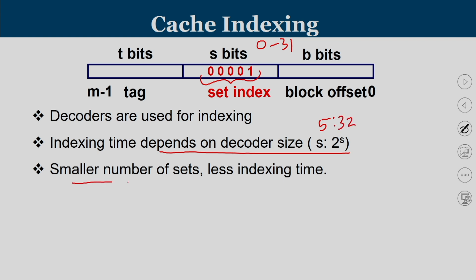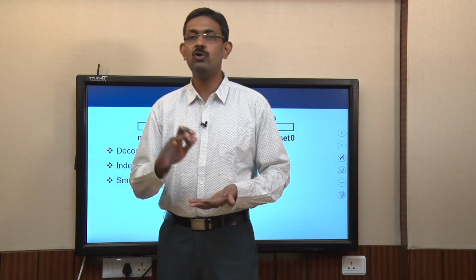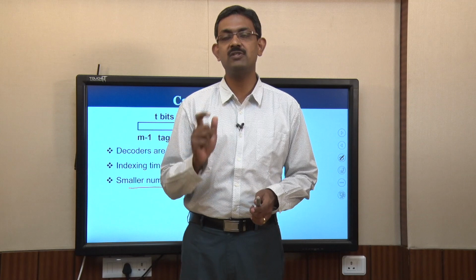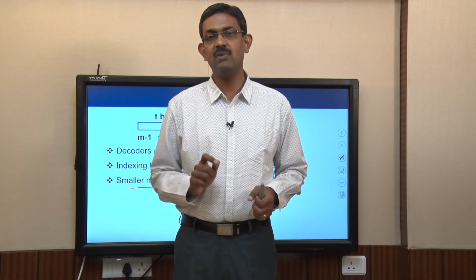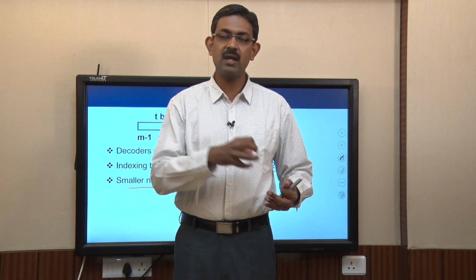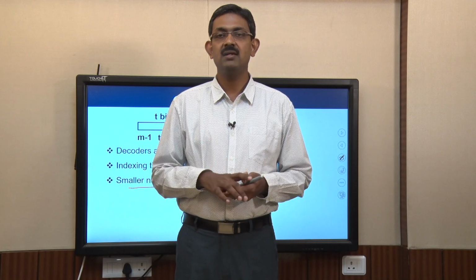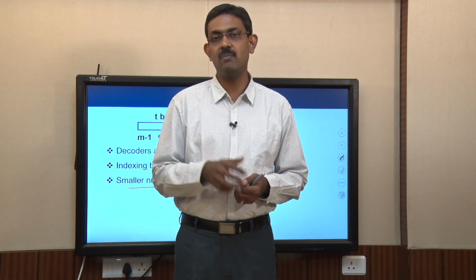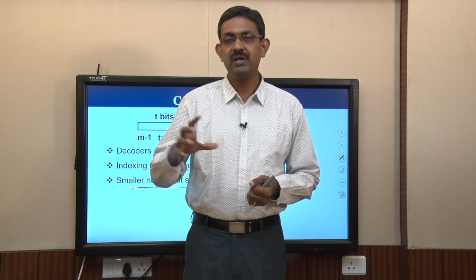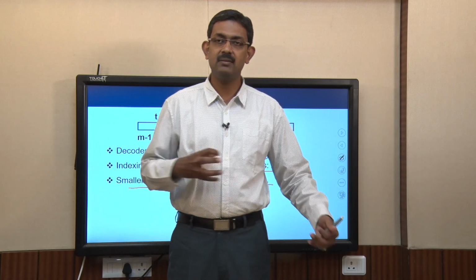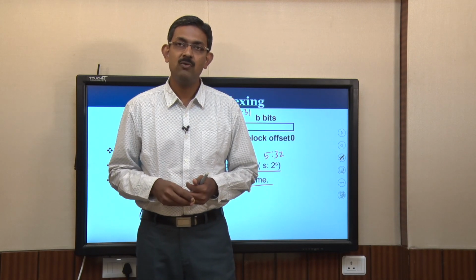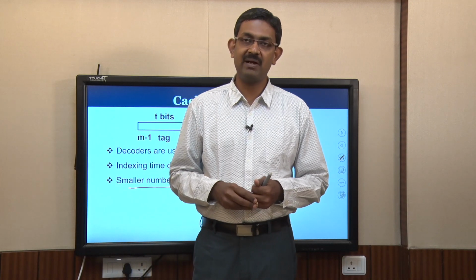With a smaller number of sets, the indexing time will be less and the size of the decoder will be small. When you go to larger cache memories, the number of sets will be more, so the indexing time will be more. So, if you want to retrieve data from cache memory very fast, the cache memory should have a minimum number of sets. We are connecting this issue with the speedup of a pipeline.